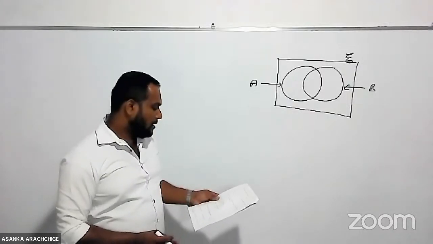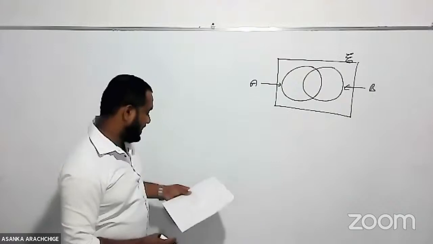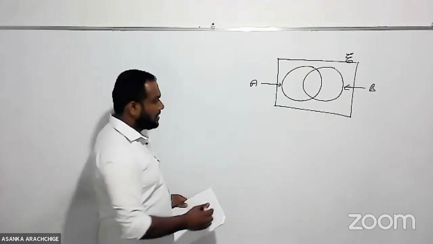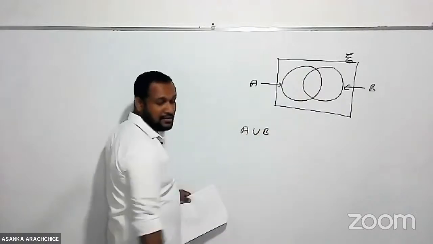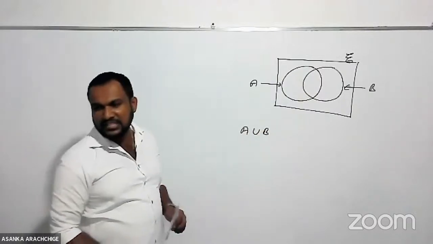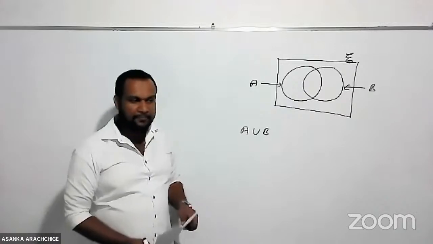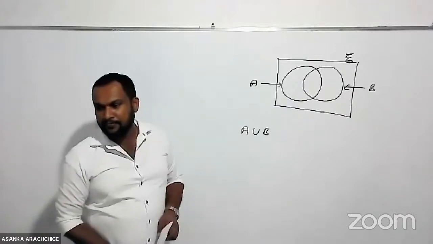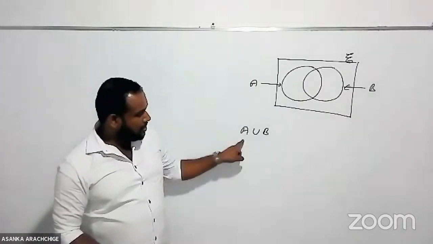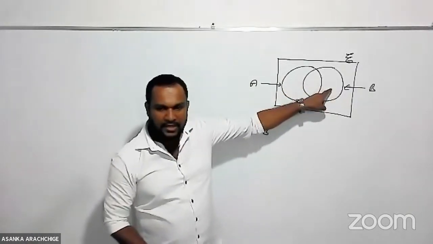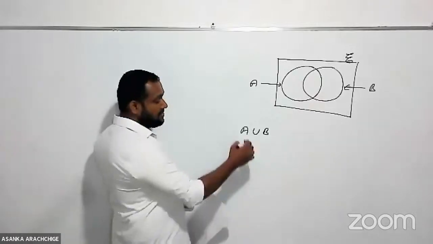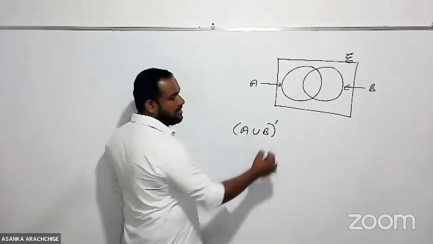Include A union B dash. What is A union B? What is meant by A union B? The set of all the elements belonging to these two sets. This is A union B. But we are given A union B dash.